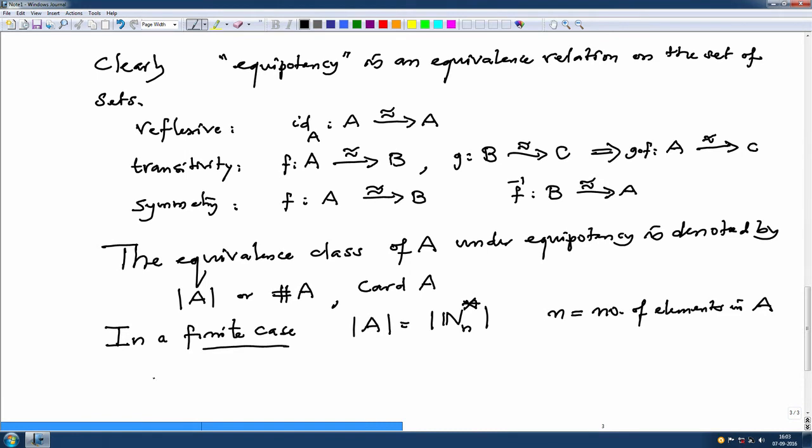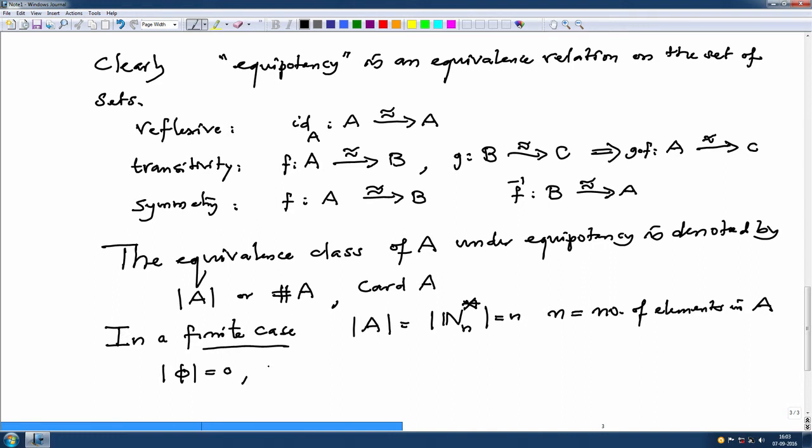So, let us start with a few numbers. You start with the empty set, which is finite, and the number of elements is 0. So, the empty set gives this class, and this symbol is nothing but 0. We can identify this with n.